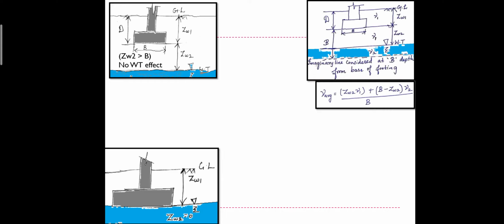So that is taken as ZW1. What is ZW2 by definition? It is the distance from the base of the footing to water table. இங்கே ஏதாவது distance இருக்கா? No distance is present in between base of the footing and water table. So ZW2 is taken as 0.